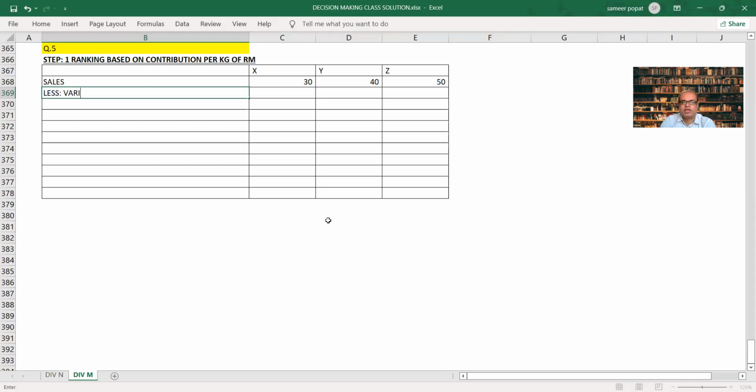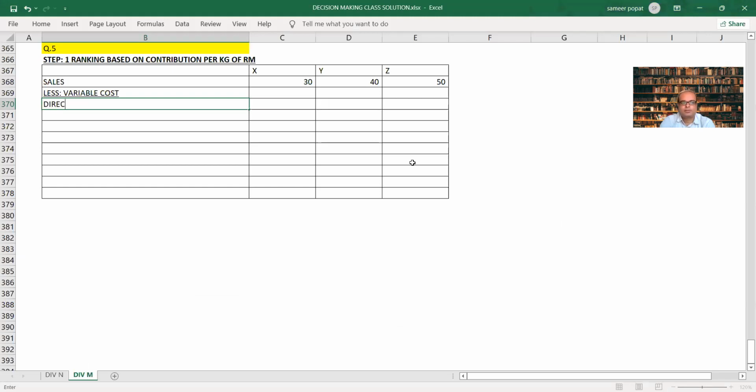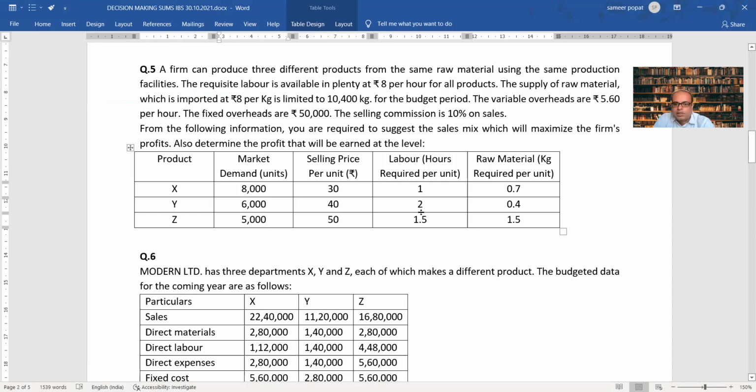From that, we'll reduce variable cost. In this table, variable cost includes labor and raw material. For labor, the number of hours required to manufacture 1 unit of finished goods is given, and the rate per hour is rupees 8.